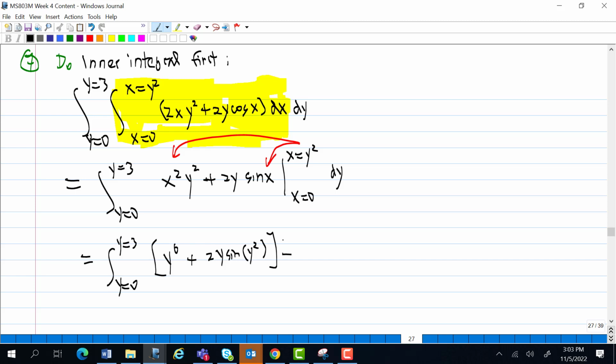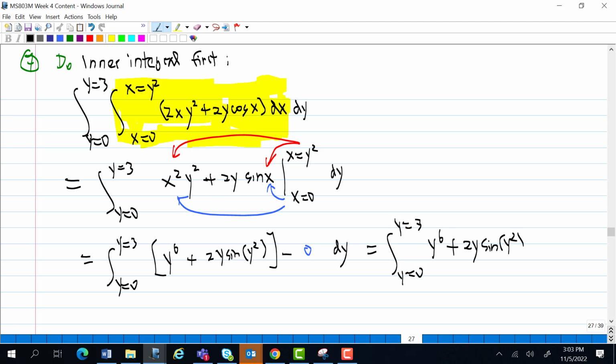Then subtract the lower limit, where x equals 0 now, and because x equals 0, the whole thing becomes 0 here, because sine 0 is 0. So eventually you get the integral of y from 0 to 3, y power 6 plus 2y sine of y squared dy.